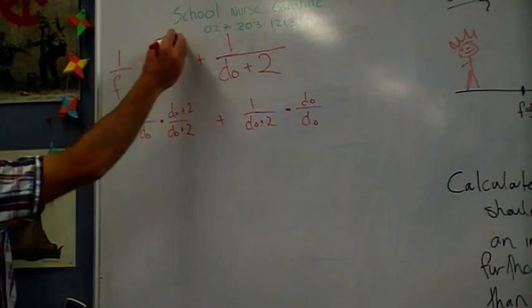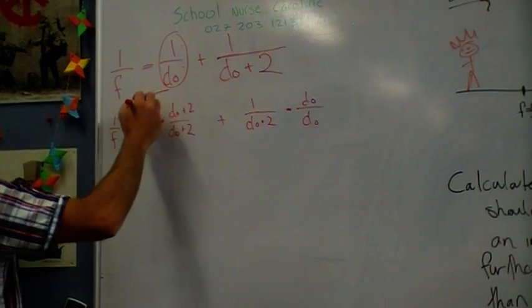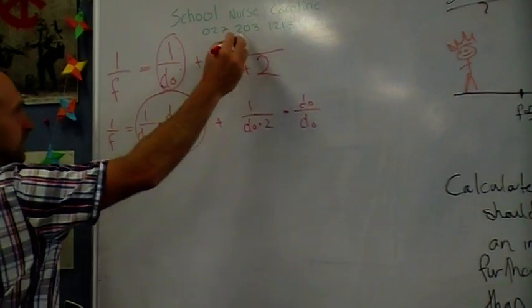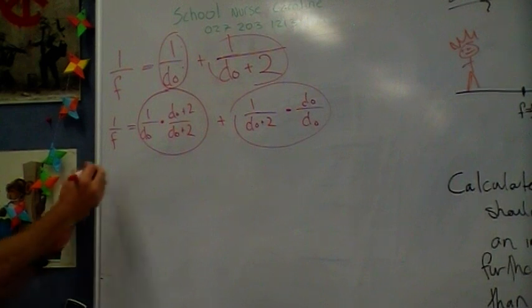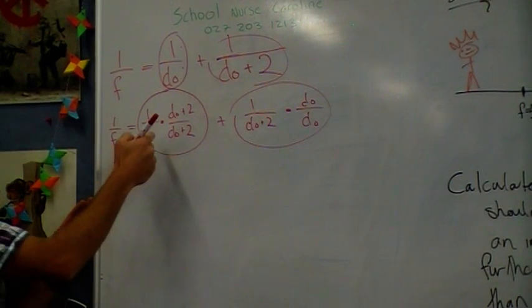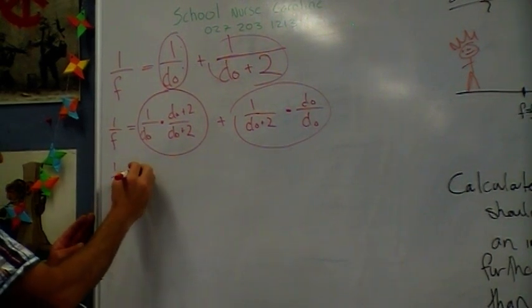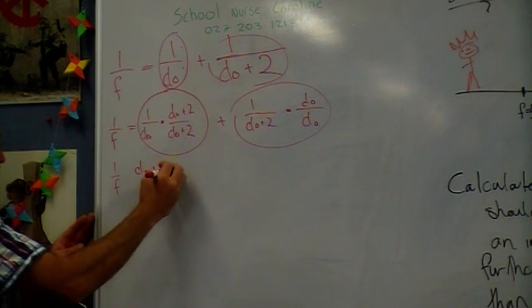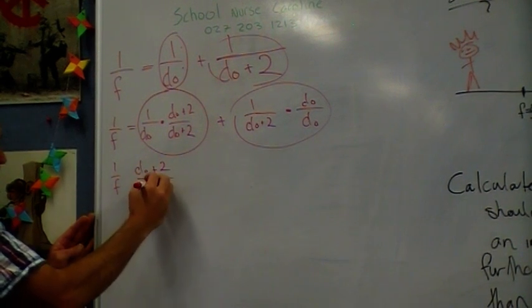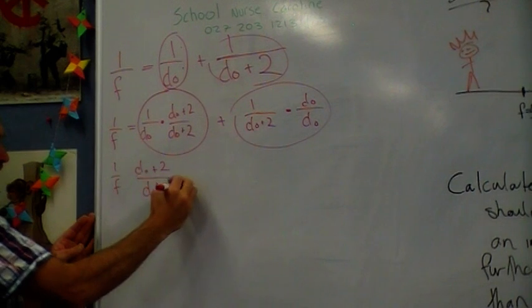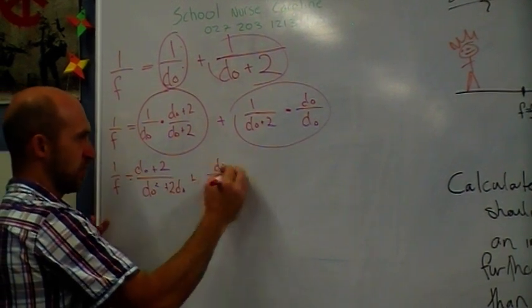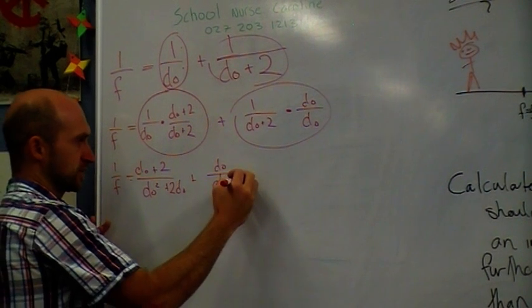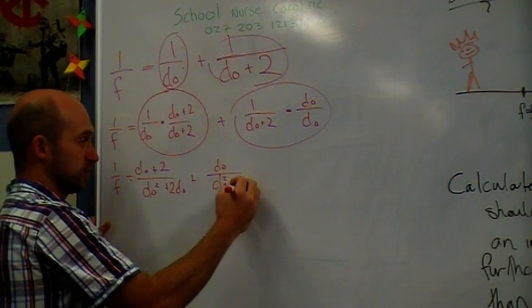So just like this fraction here has turned into all of that, and that fraction there has turned into all of that. And so let's evaluate that. So do plus 2 over do squared plus 2do, plus do over do squared plus 2do.